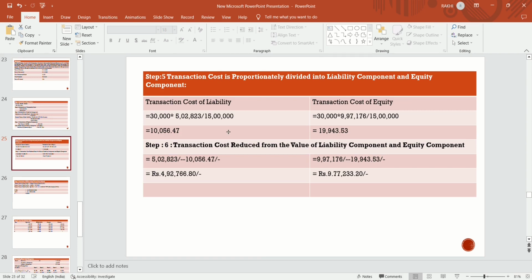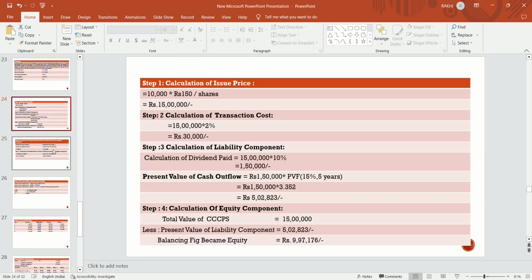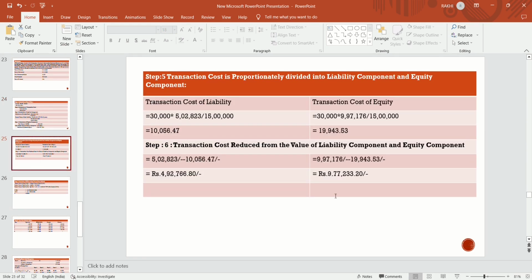And transaction cost of equity component, that is 30,000 into 9,97,176, which is the equity component, divided by 15 lakhs, becomes 19,943.53. So the transaction cost is proportionately divided into equity and liability.